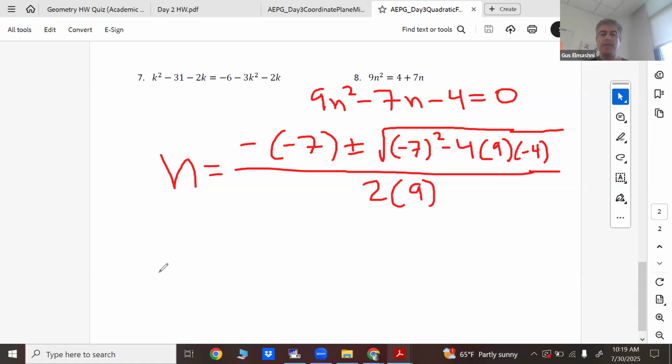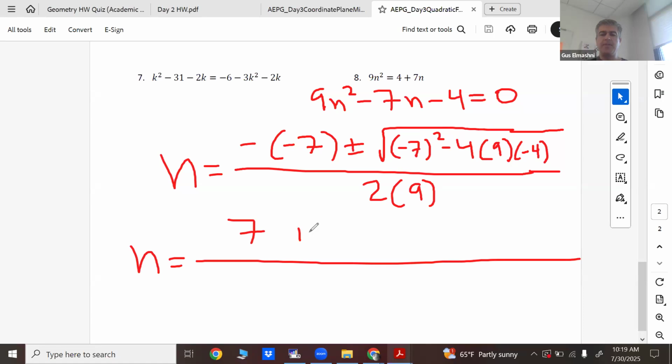Now, let's work out this junk. 7, because negative and negative is positive, plus or minus the square root of 49. I think it's plus 144. I think. All over 18.